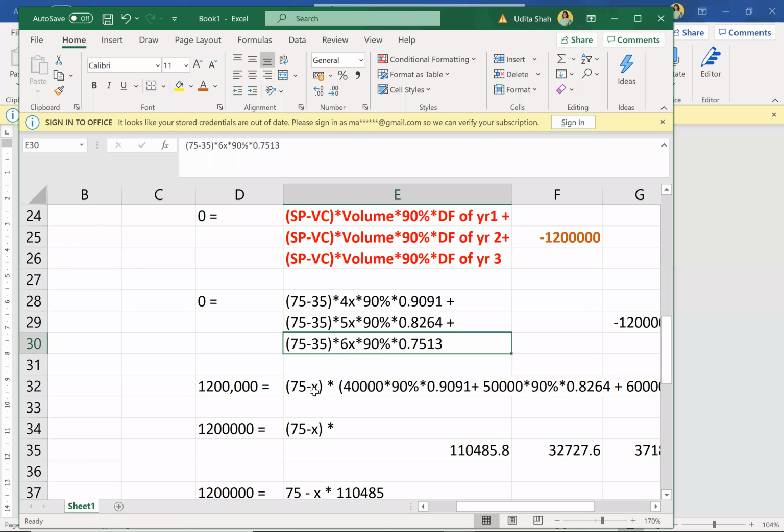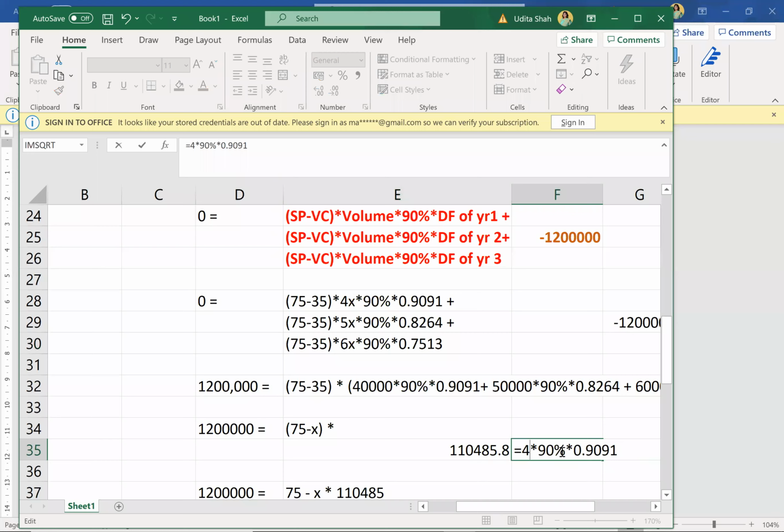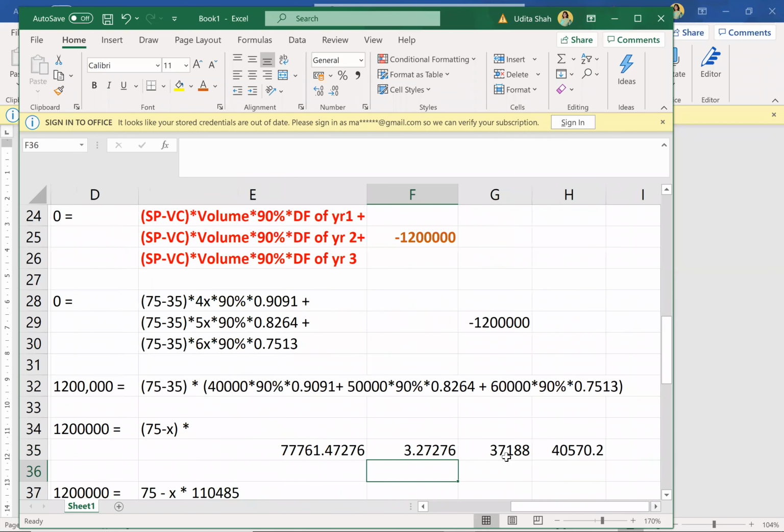So I can do it this way also. This will be 75 minus 35, and then divide the entire thing by 10,000, right? So this will be 4x, this will be 5x, and this will be 6x. And instead here I'll write what?